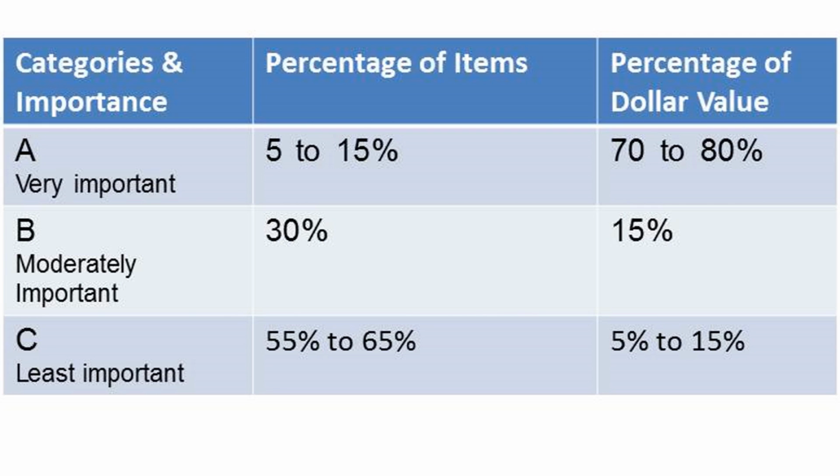B items are moderately important, 30% of the inventory items, but they count for about 15% of your dollar usage. Category C items are too many of them, too many trivial small items, 55 to 65% of your inventory items, but they account for very small value, 5 to 15% in terms of total value of inventory.